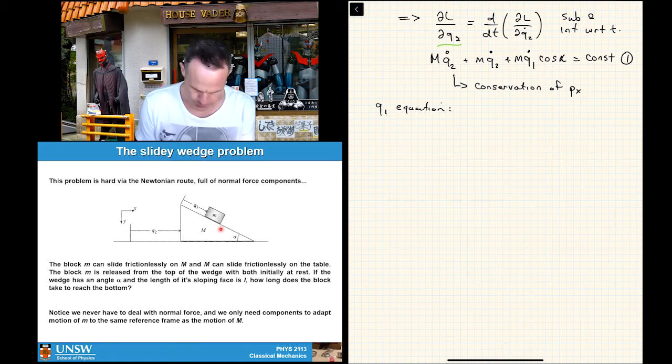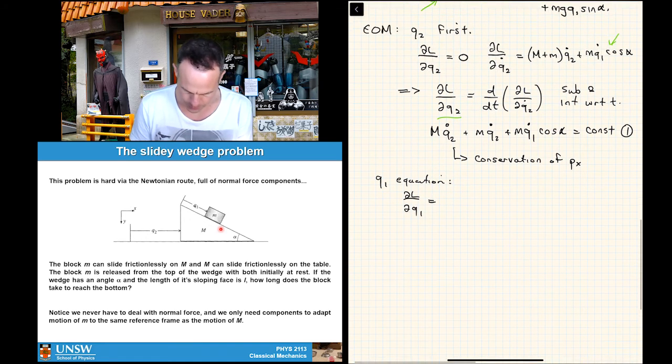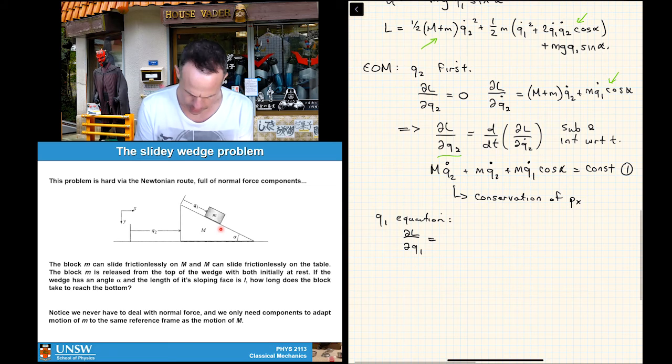Okay, so our Q1 equation, we've got 2 derivatives, and dL/dq1 is going to be, let me go back far enough so I can see my Lagrangian again. It's going to come from this term on the end here, right? So we're going to have m g sine alpha.